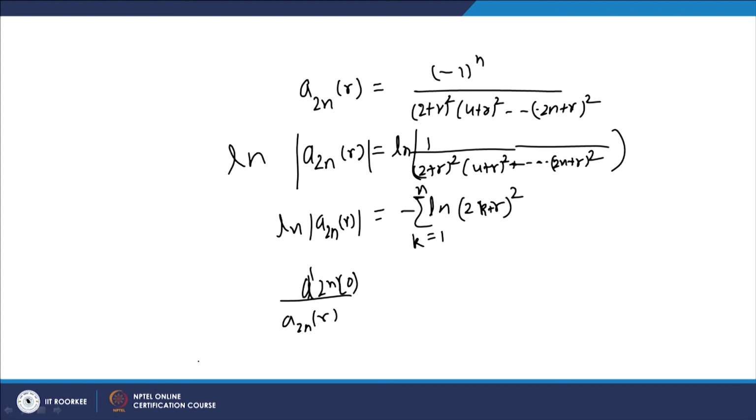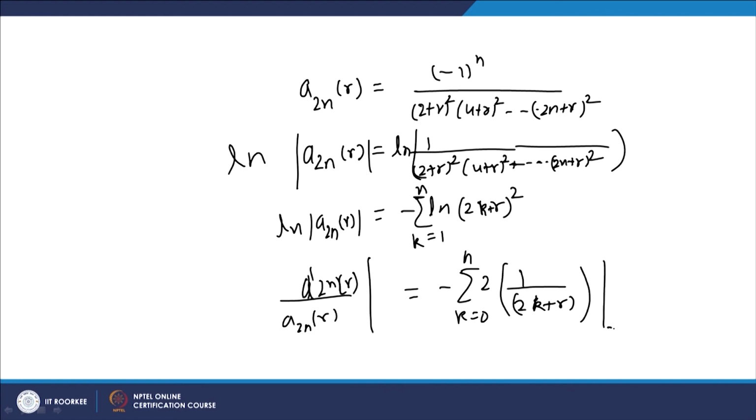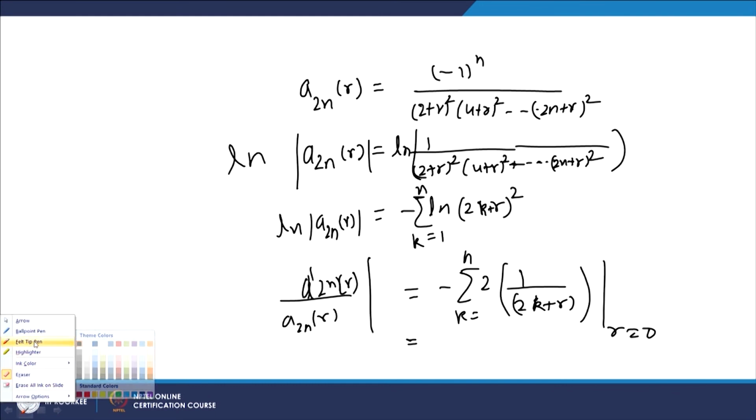Now we take r equal to 0 here, and it equals minus the summation over k, and 2 you can take out, and this is 1 upon (2k plus r), and that you calculate at r equal to 0. Sorry, it is k equal to 1, not 0. So it is from k equal to 1.